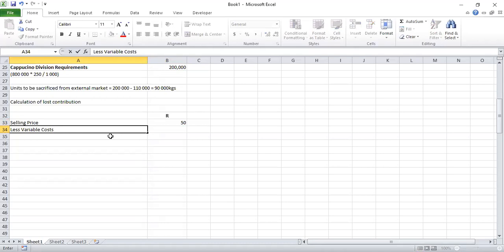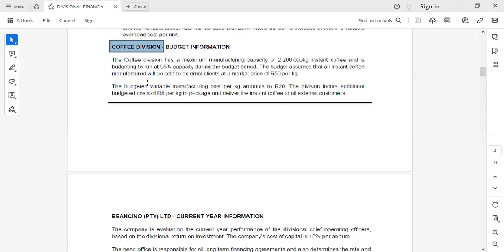Remember, contribution is selling price minus variable cost. Then we have to subtract the variable cost of producing and selling, with a variable manufacturing cost of 20. And also there is 8 rand per kg packaging and delivery. So all in all, the variable costs are 28.